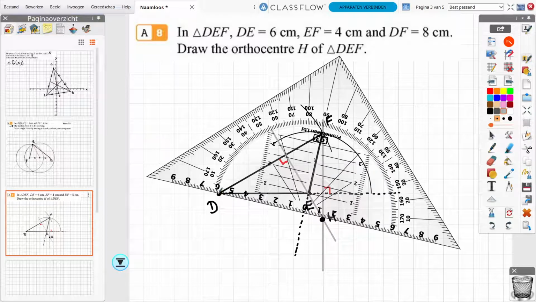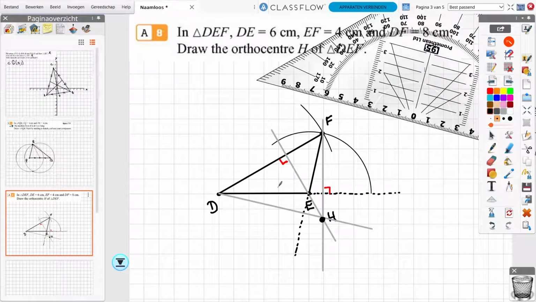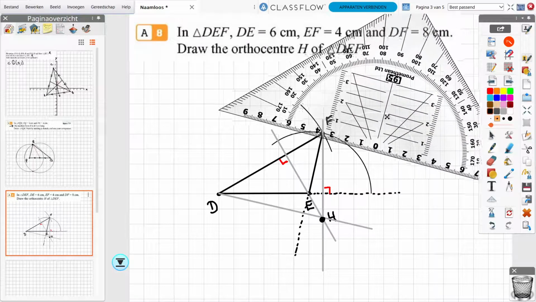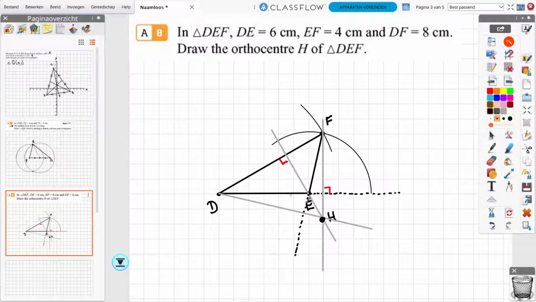And you see what I predict happens, that this line also goes through point H. So what I have done is I know that if I draw the first two altitudes correctly, that I find point H, the orthocenter, and the third one must be going through it. And you see, I've just proven that by drawing that line myself, constructing it, and this is perpendicular again.